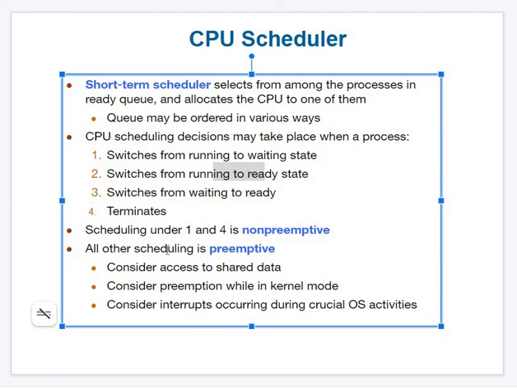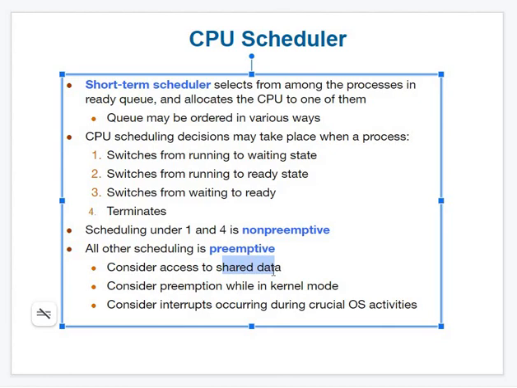When scheduling, the operating system should decide whether preemption is important or not. When there is shared data, we should think about preemptive scheduling. What happens with respect to shared data?